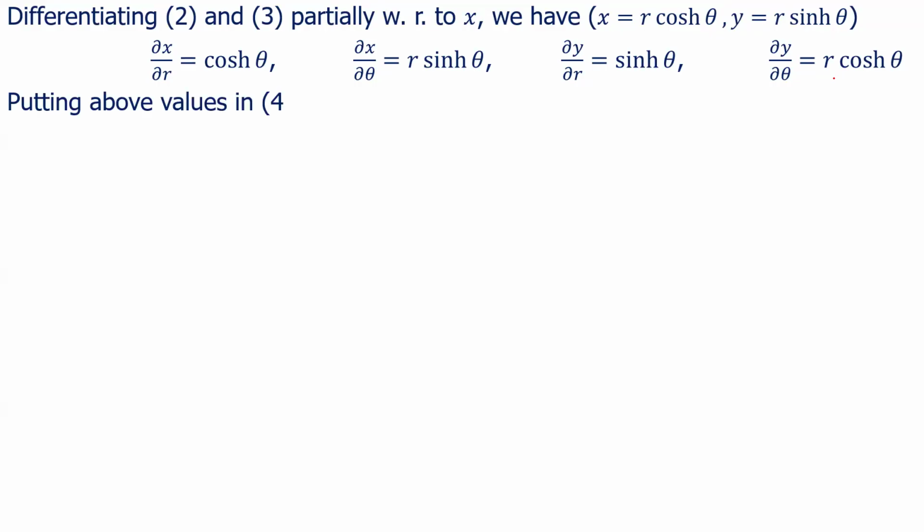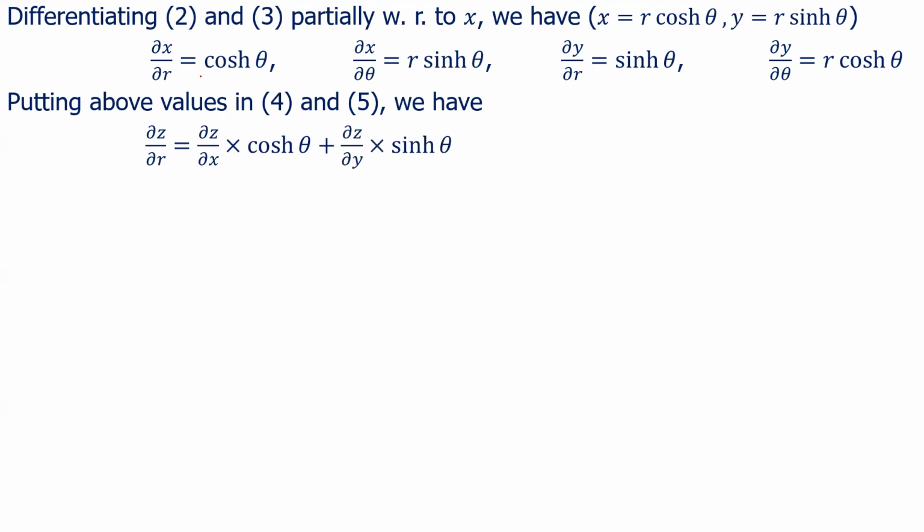Putting the above values in equations number 4 and 5, we have del z del r equal to del z del x times del x del r, which is cosh theta, plus del z del y times del y del r, which is nothing but sinh theta.